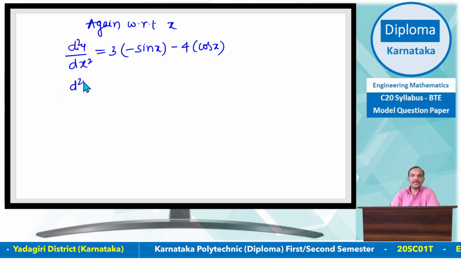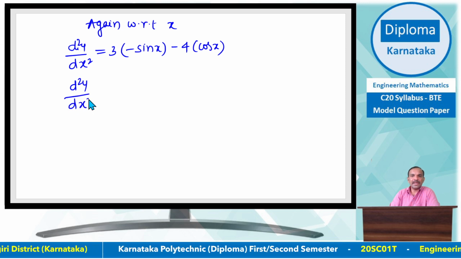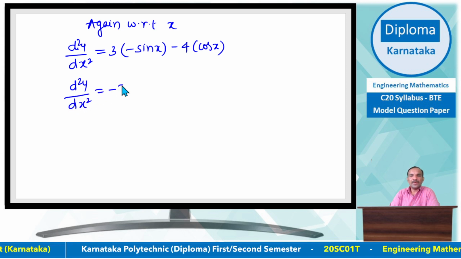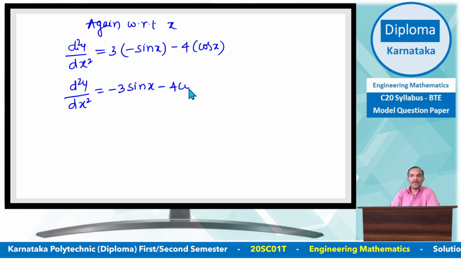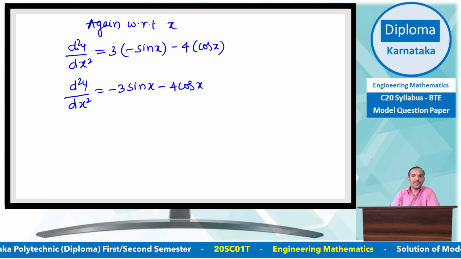That is d square y by dx square is equal to minus 3 sin x minus 4 cos x.